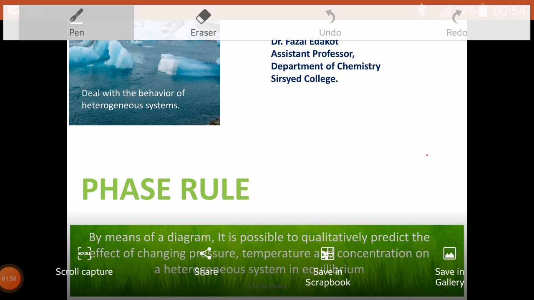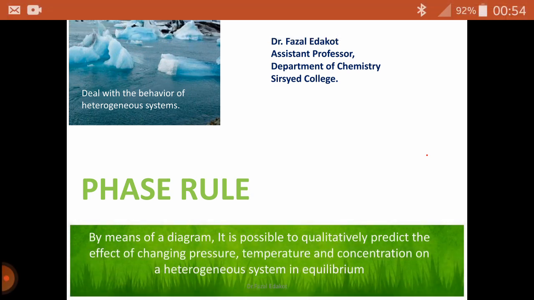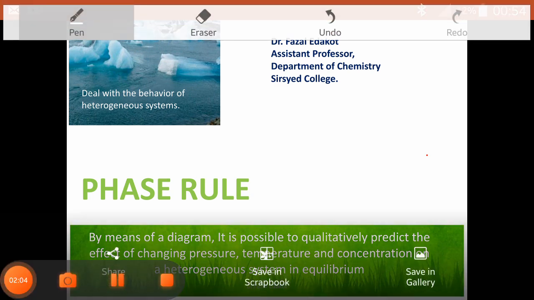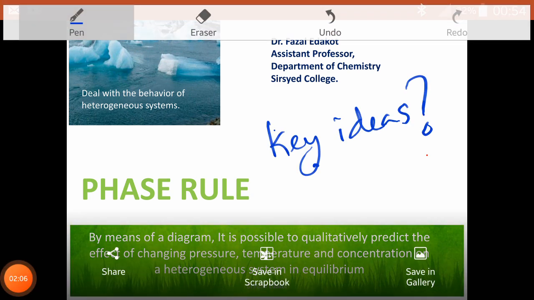What are the key ideas that we are discussing here? The dynamic equilibrium between two phases is reached when the rate of conversion between them is the same in each direction.